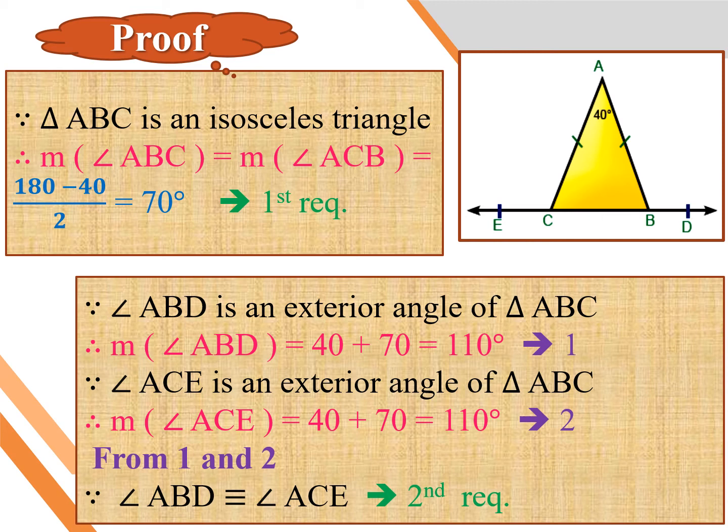Since angle ACE is an exterior angle for the triangle ABC, then measure of angle ACE equals 40 plus 70, which is also equal to 110 degrees. From 1 and 2 we can deduce that angle ABD is congruent with angle ACE. Now this is the second required.